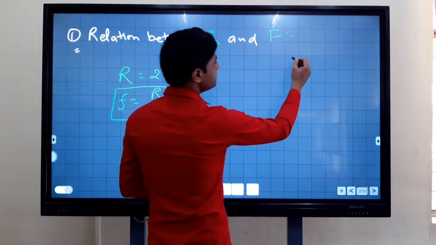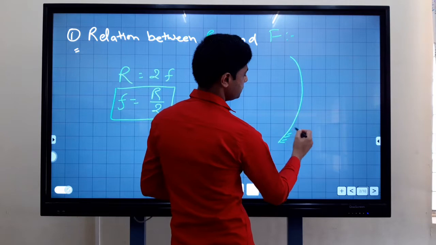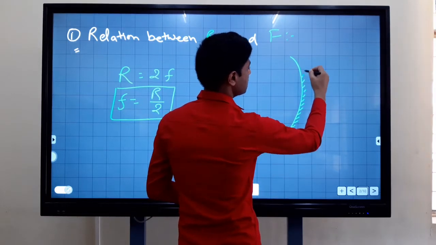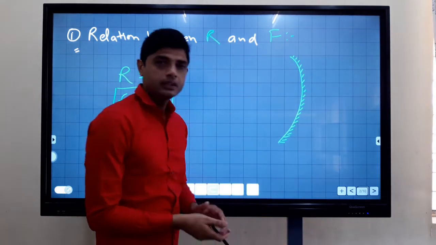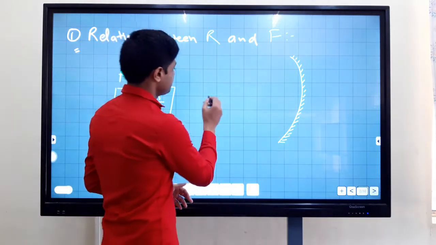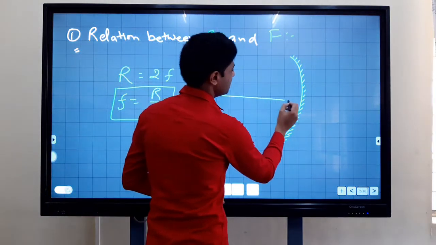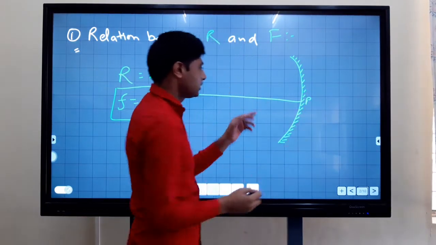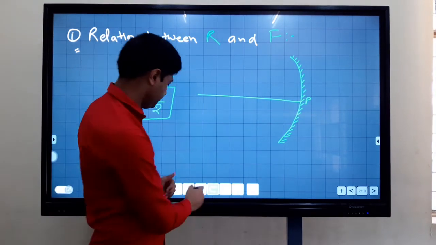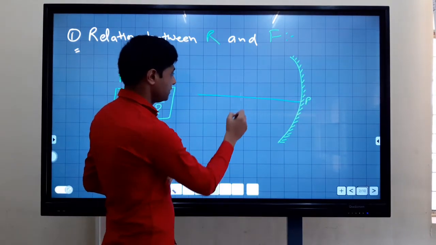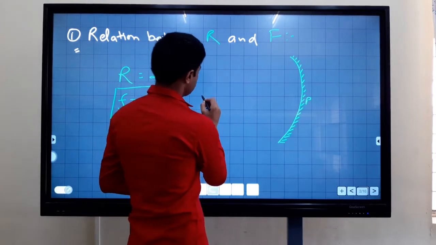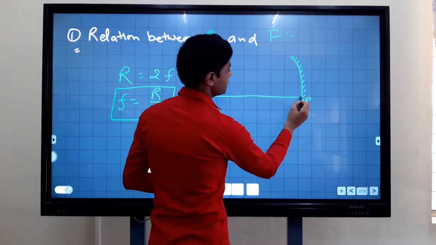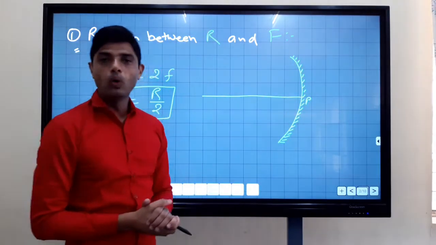As you know, it is a convex mirror. It is the principal axis, and it is the pole of the mirror.